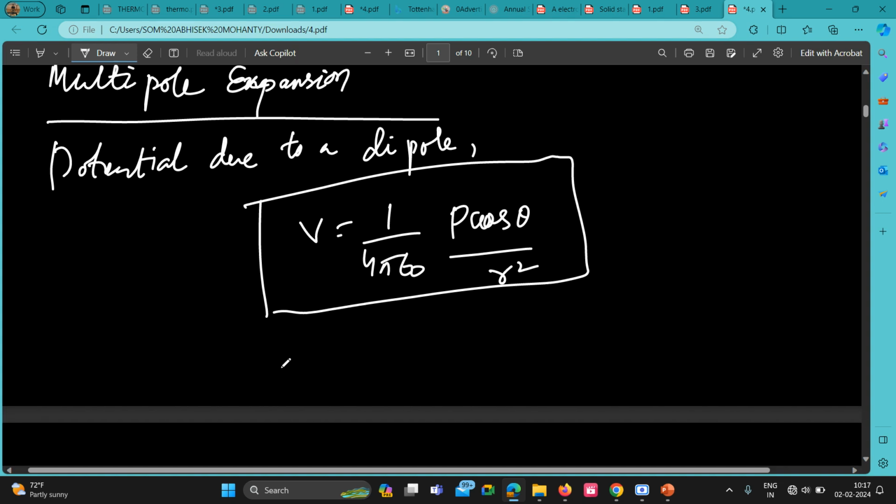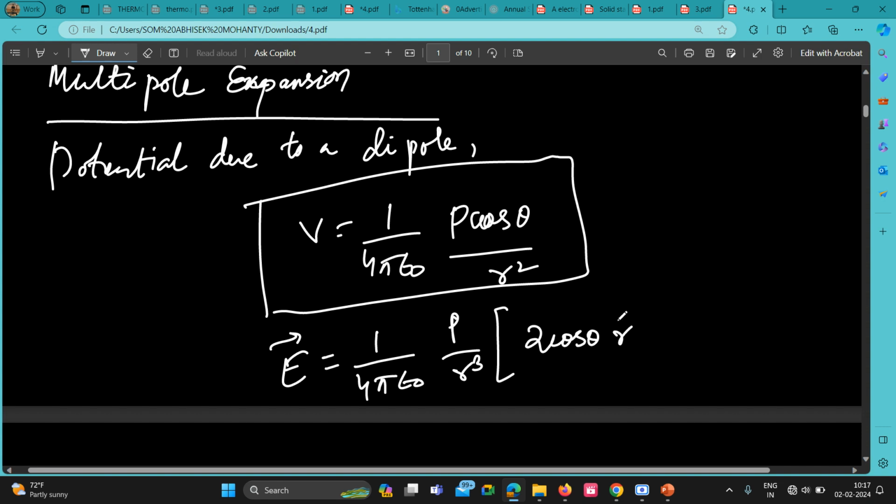Electric field due to a dipole is E is equal to 1 by 4 pi epsilon naught P by R cube, 2 cos theta R cap plus sin theta theta cap.